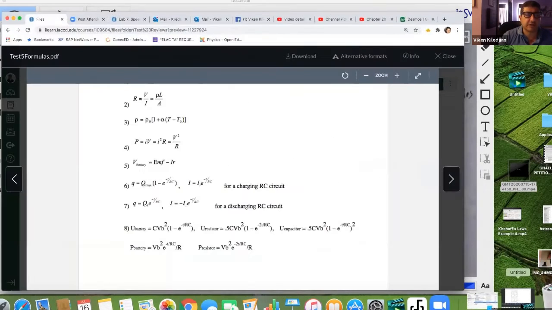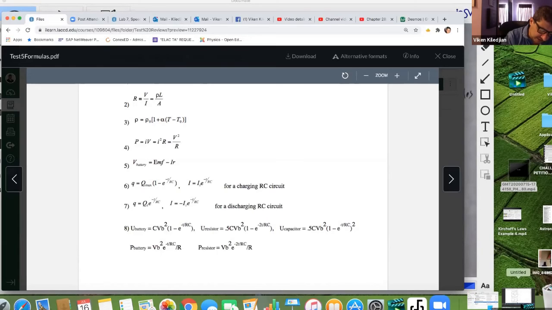So that's going to be VB squared over R e to the minus T over RC. And then the power equation of the resistor is going to be VB squared over R e to the minus 2T over RC.